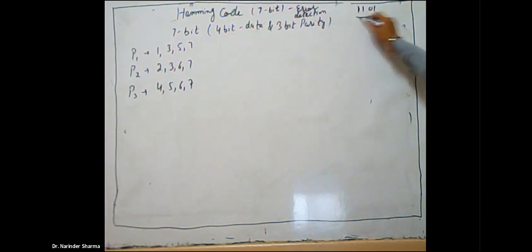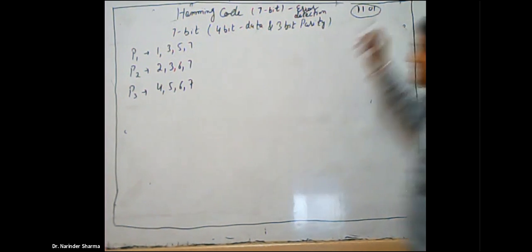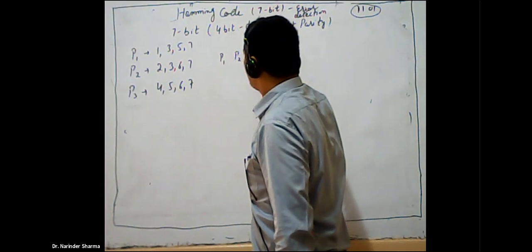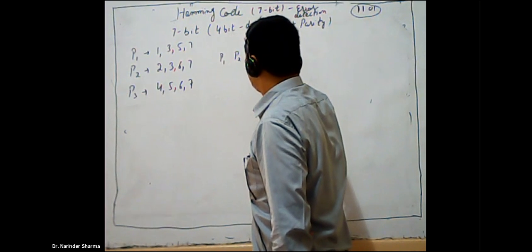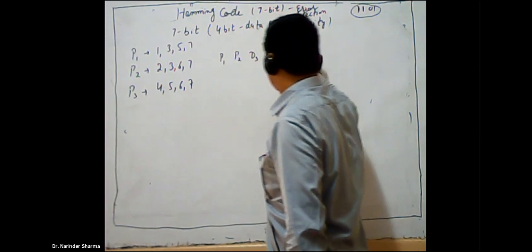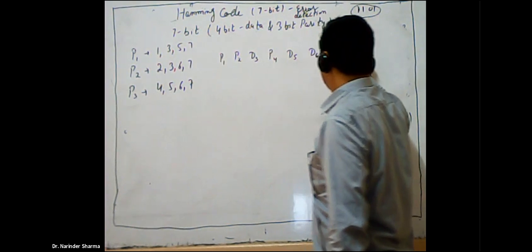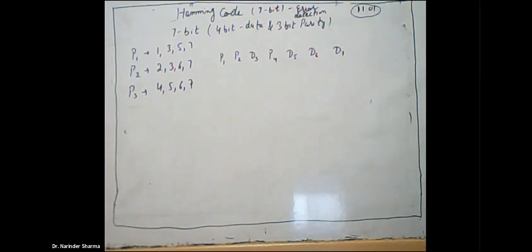Let us say this is the 4-bit data that you have to transmit. Now you can write this as P1, P2, D3, P4, D5, D6, D7. You can write the data in this format.